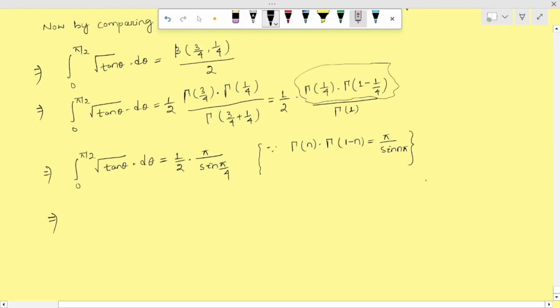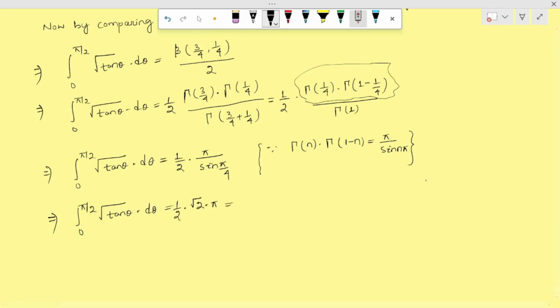So finally, how much did we get? The answer: the integral of root tan theta d theta is 1/2 into pi by sine pi/4, whose value is 1/√2. So √2 goes up, and √2 into pi, that is pi by √2, is your final answer. Okay, now we are going to go for our next question.